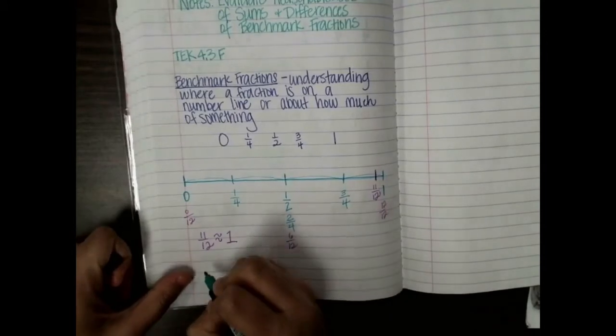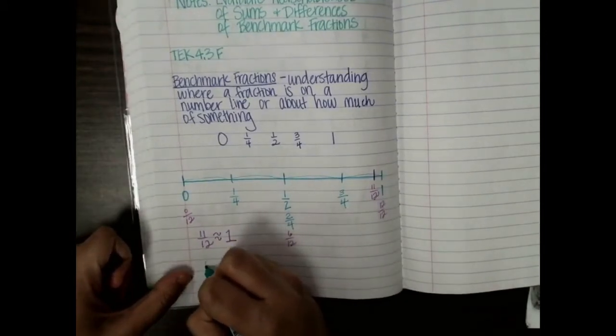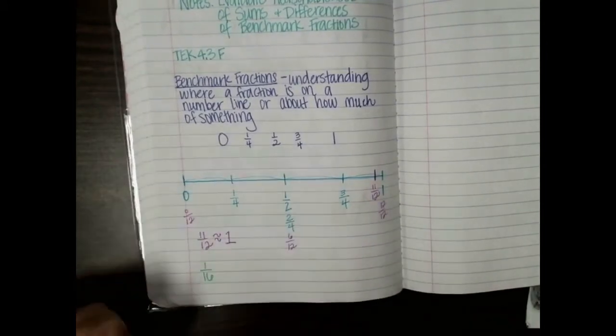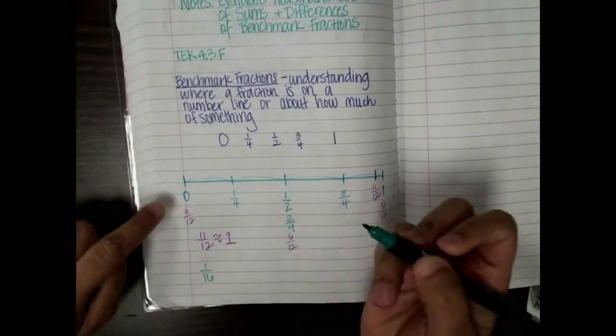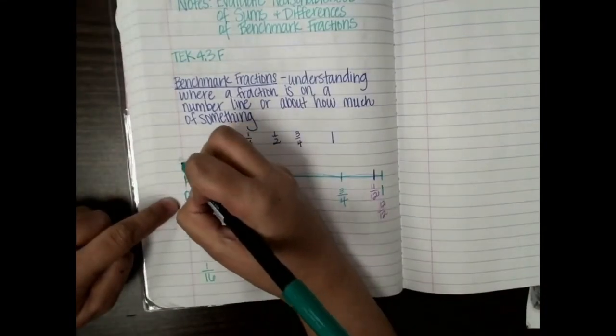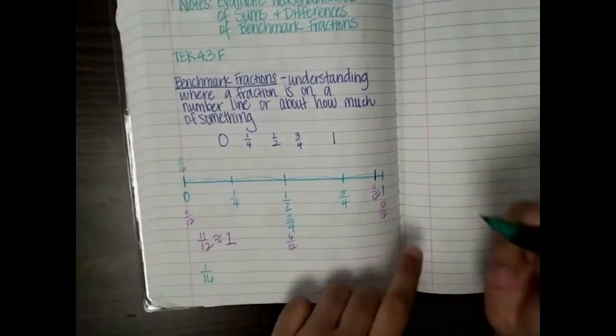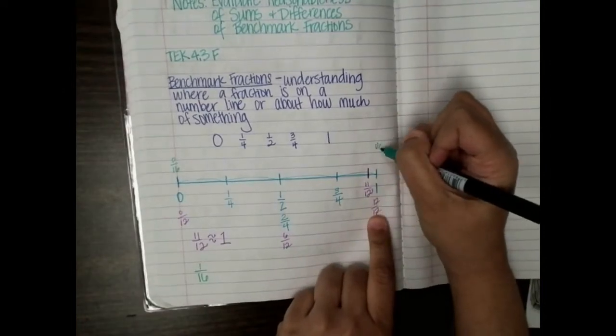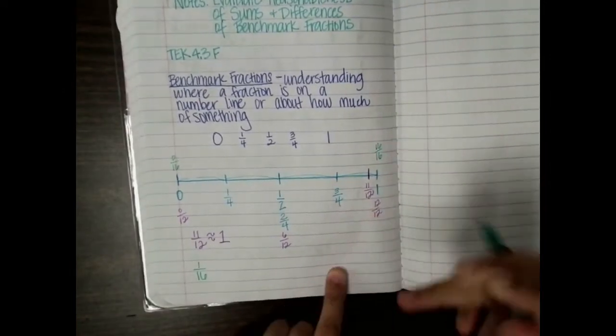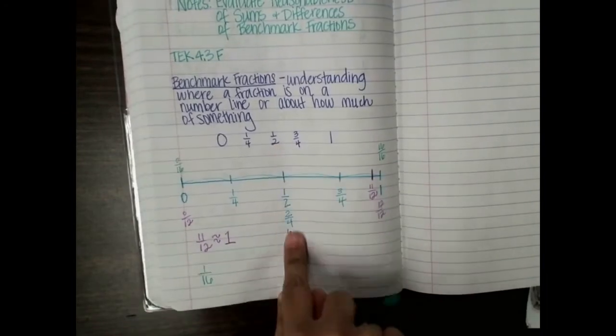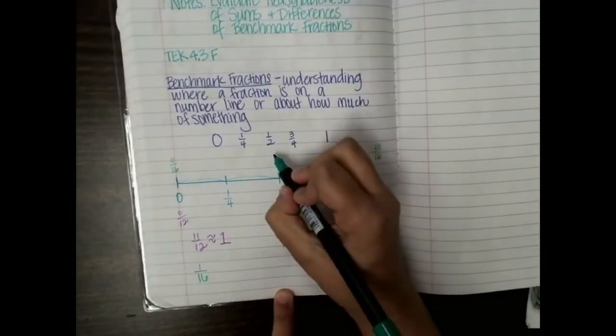So let's look at 1/16. You can think about, well, this is 0/16. This is 16/16. Halfway would be 8/16.